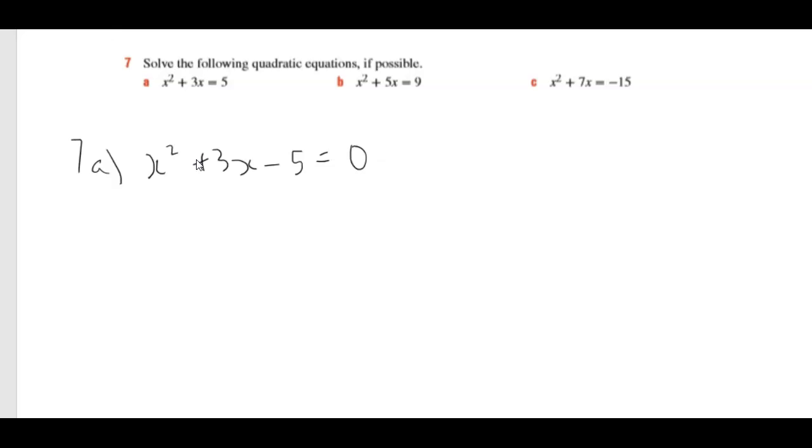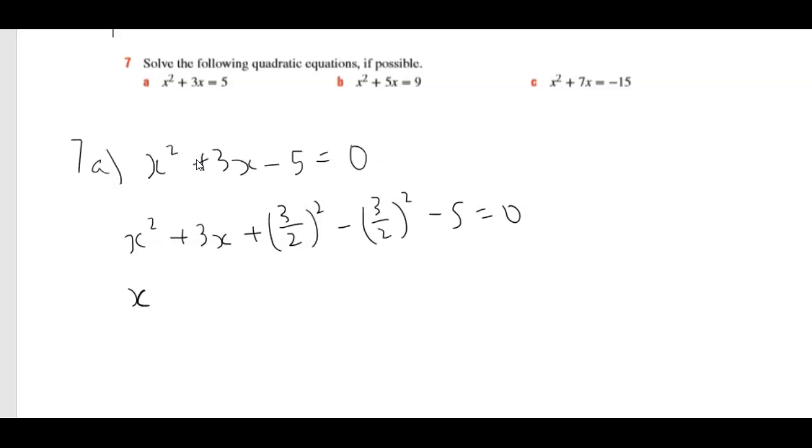Now we can solve using completing the square. So first two terms stay the same. And then we add the coefficient of x over 2, minus 3 on 2 squared, and then minus the 5, and let that equal to 0. I think we're going to be able to do this one.